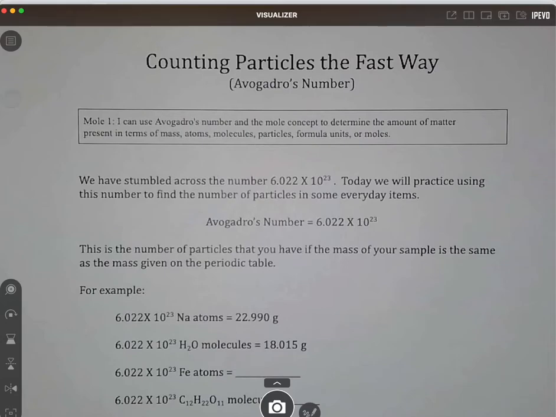This number that we have stumbled upon, 6.022 times 10 to the 23rd, is called Avogadro's number. It's named after Amedeo Avogadro, who originally had the idea that this should work.